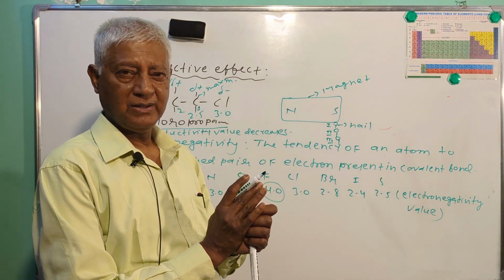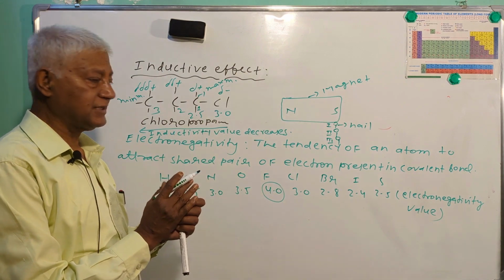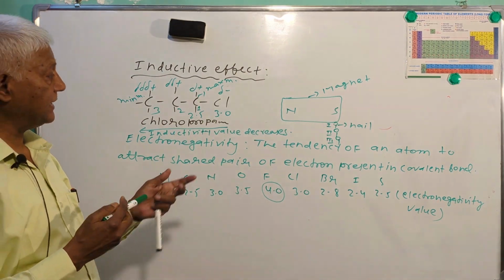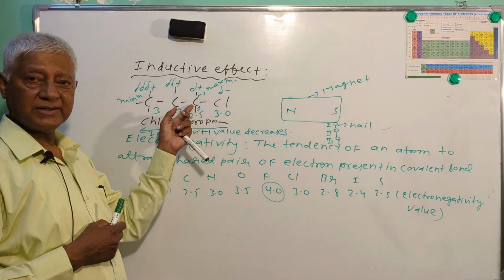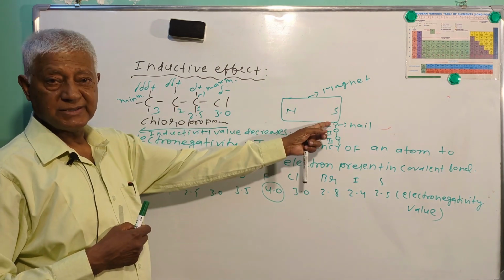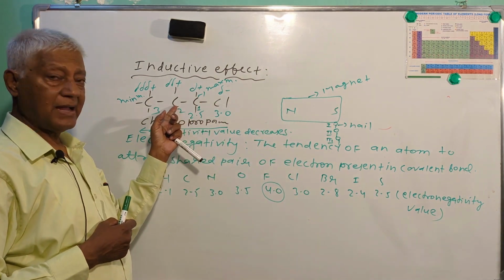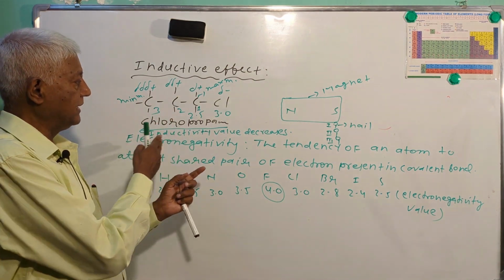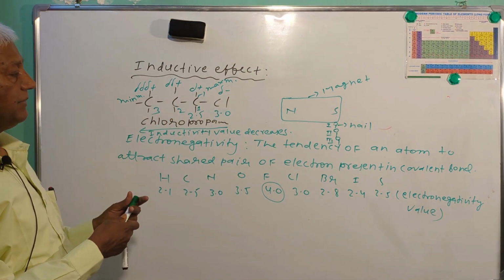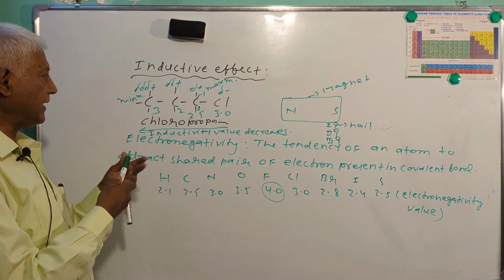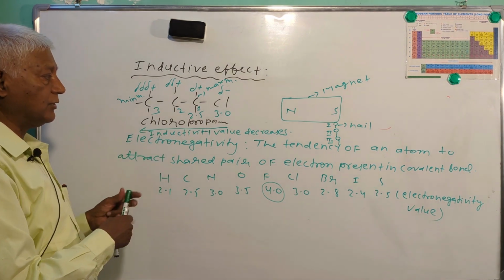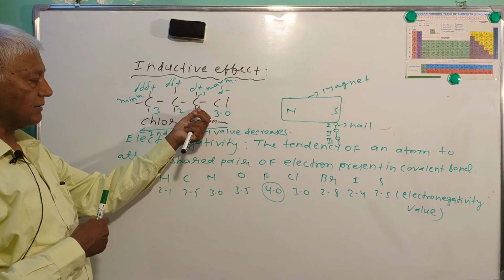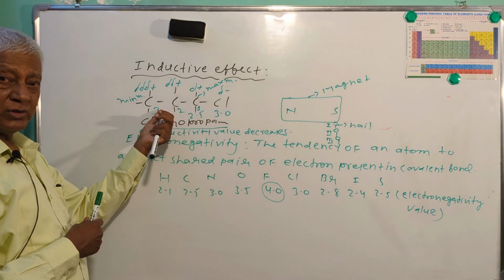Like this, when you compare the inductive effect, in the first carbon the inductive effect is very high, like the first nail. The second carbon has less, the third carbon has less. So the inductive value decreases from the first carbon to the second carbon to the third carbon.